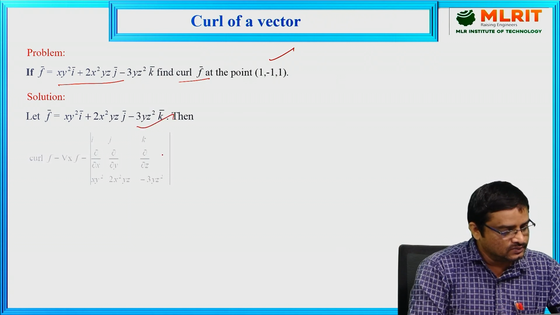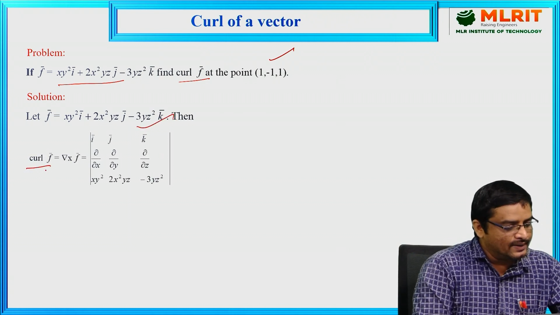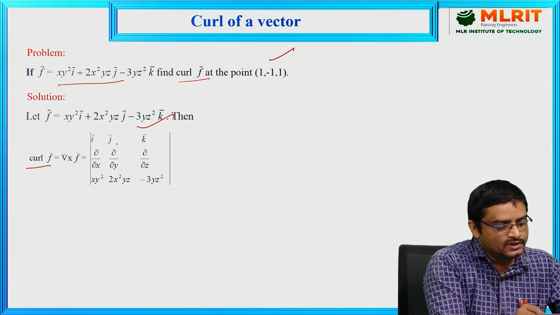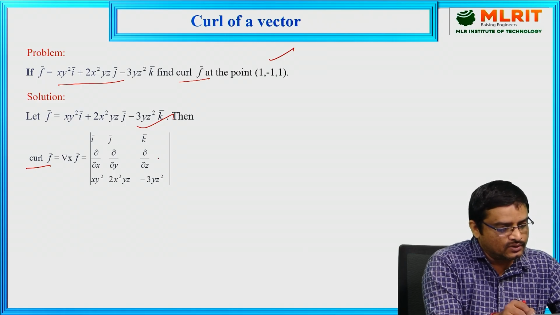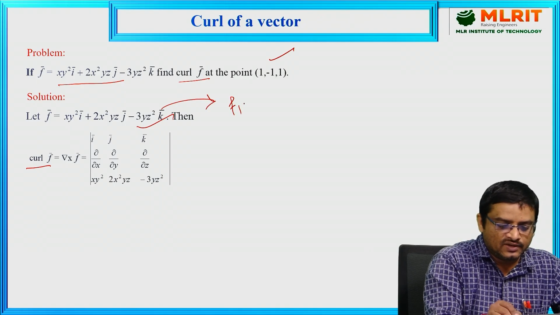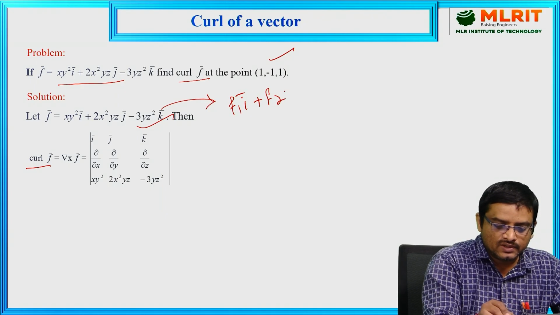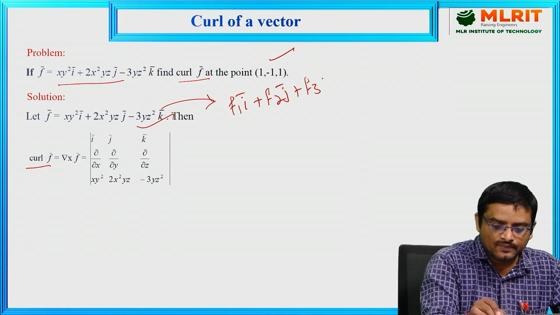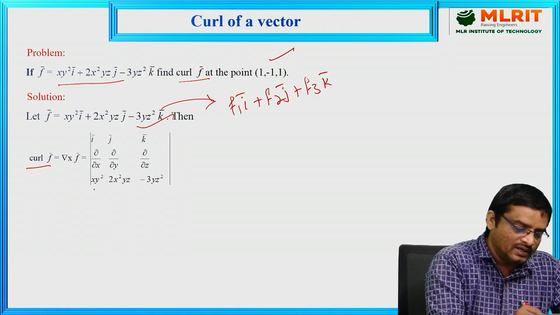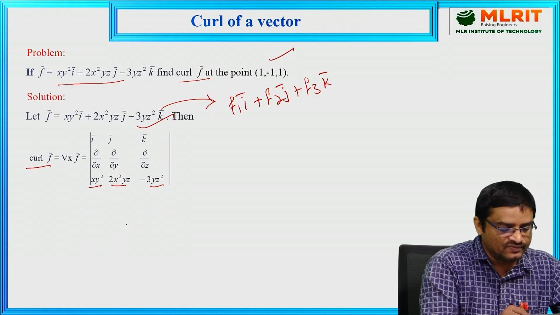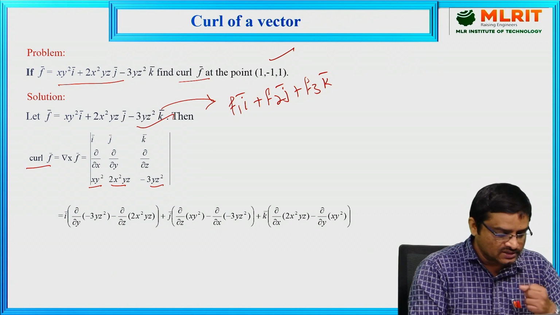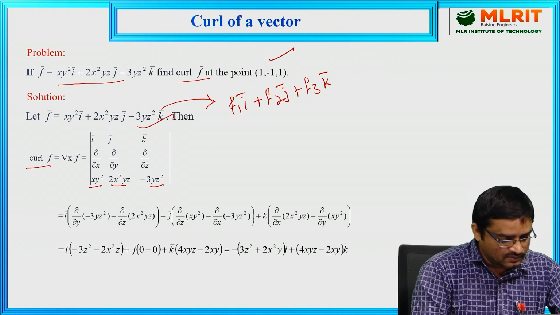We have seen curl f bar is equal to del cross f bar, which is given by the determinant with i bar, j bar, k bar, and dou by dou x in the second row. Compare the given vector with f1 i bar plus f2 j bar plus f3 k bar, get the values of f1, f2, f3, and take them. Now we know how to find the determinant of this 3 by 3 matrix, so find the determinant here.